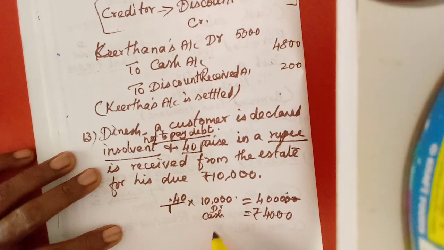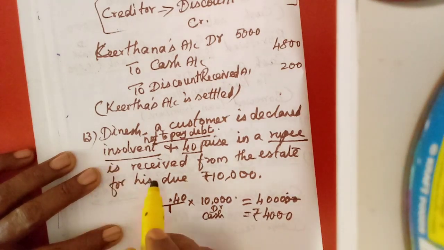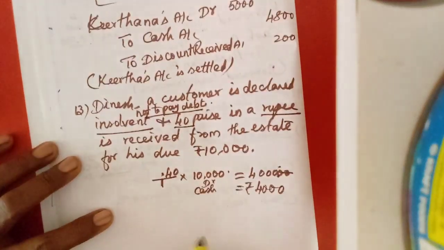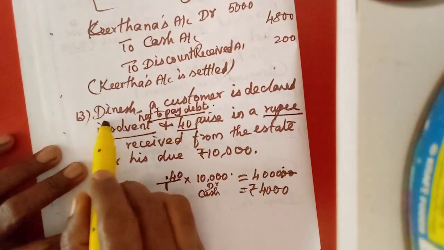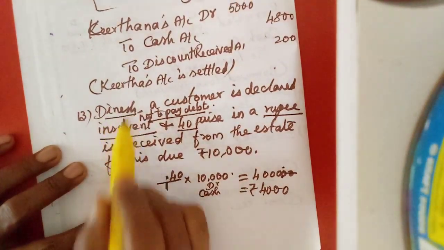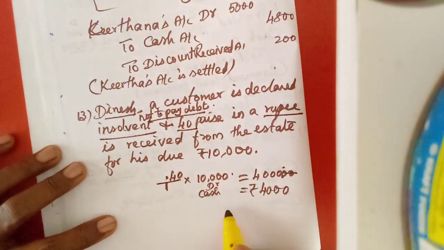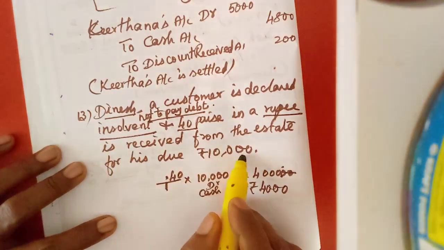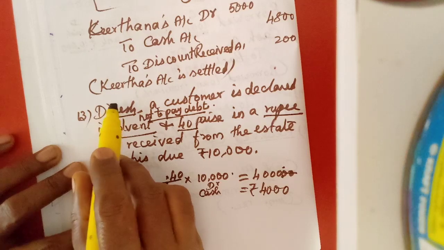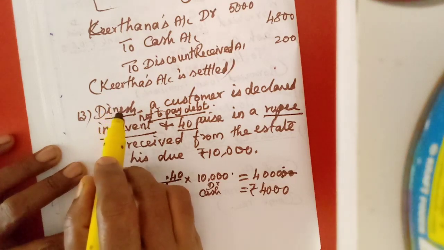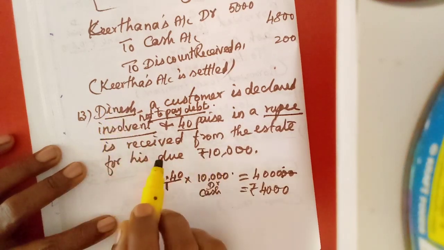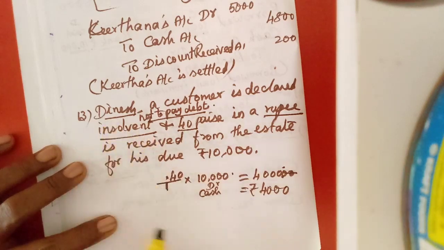When we sell goods, what do we do? Dinesh account debtor to sales we should have written. Already his account shows 10,000. Already he has received goods from us for 10,000. Now we need to cancel his account.